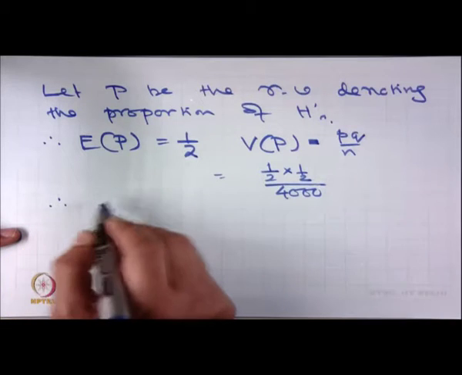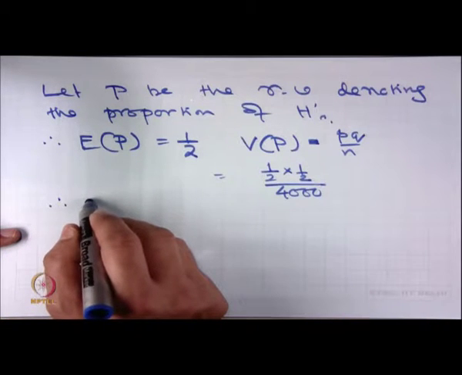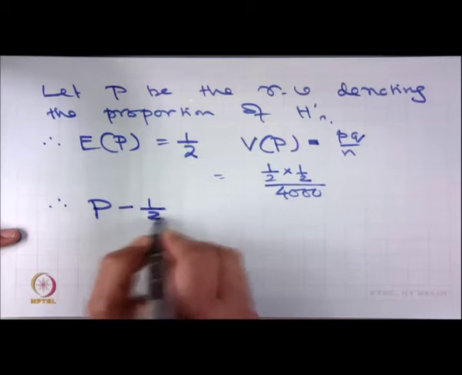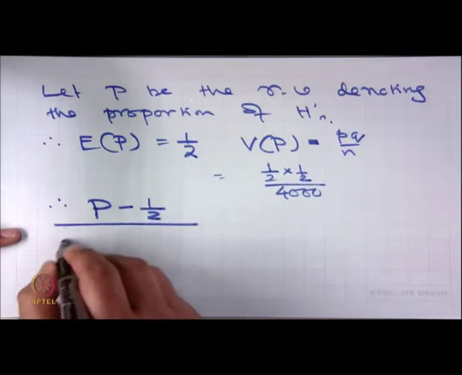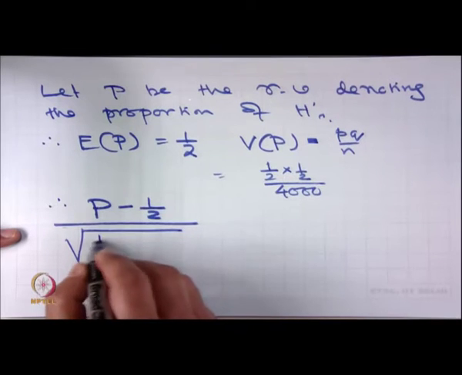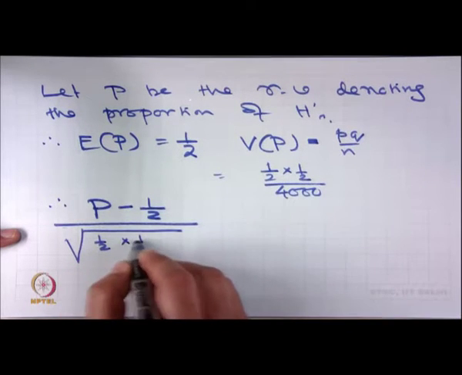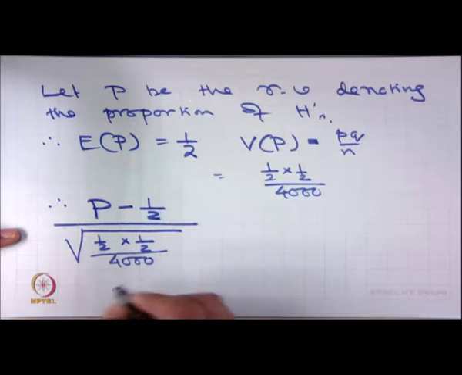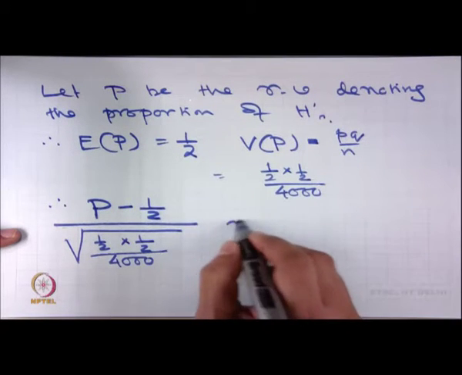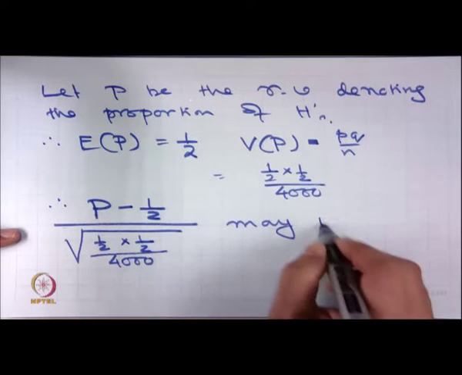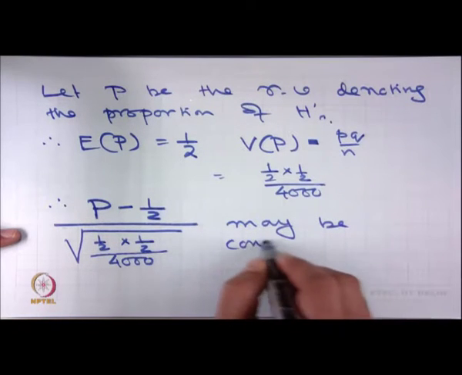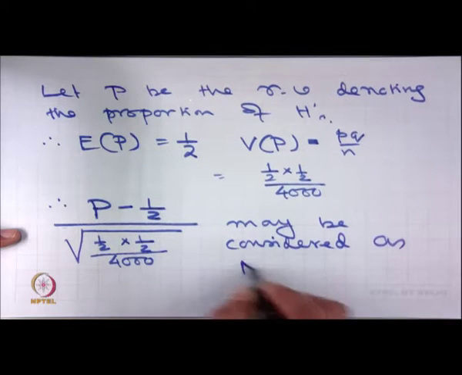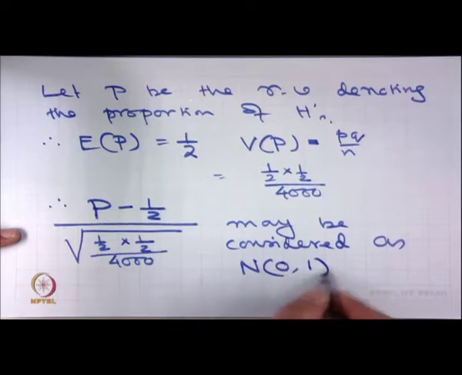Therefore, (p minus half) upon root over (half into half upon 4,000) may be considered as normal 0 1.